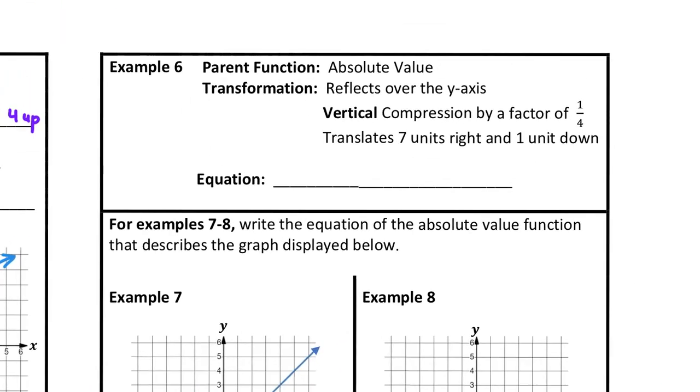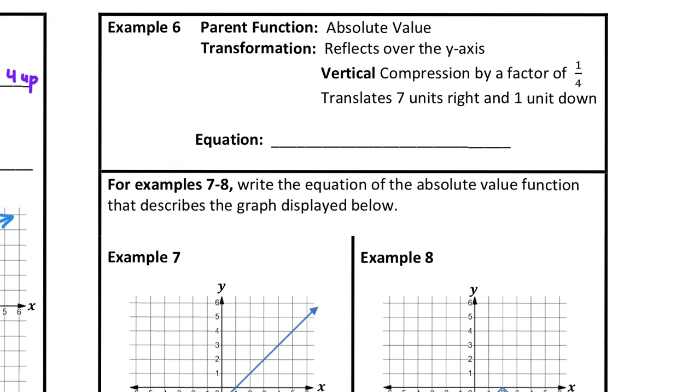shift over to example 6. We're doing absolute value again. We're doing reflection over the y-axis. So that's negative. Outside. With a vertical compression by a factor of 1/4.